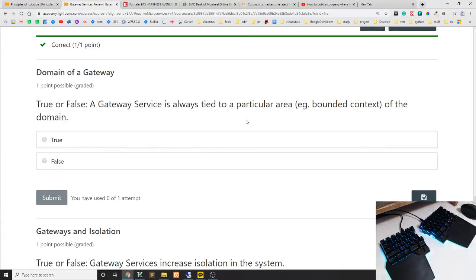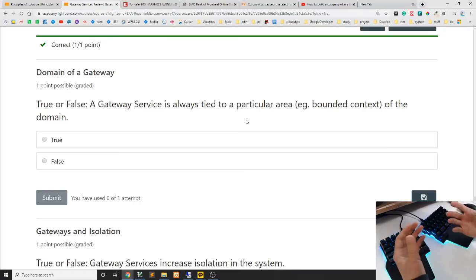For example, if I am dealing with the customer and the other one is order, and this one has its bounded context for the user, and this one has the order.